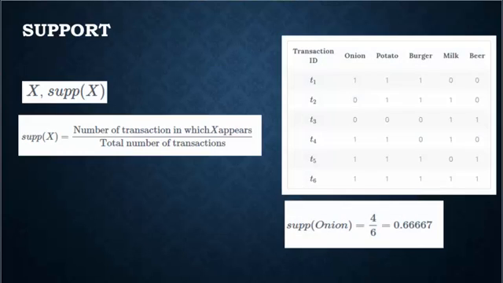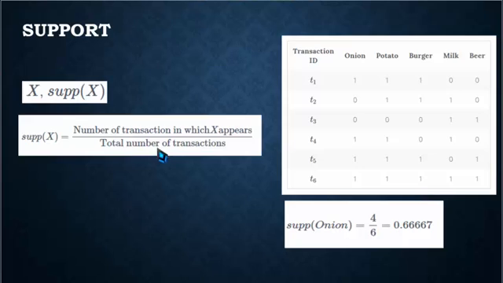Let's say, for example, the support for onion is the number of transactions in which onion appears divided by the total number of transactions. The number of transactions in which onion appears is 4: transaction 1, transaction 4, transaction 5, and transaction 6.